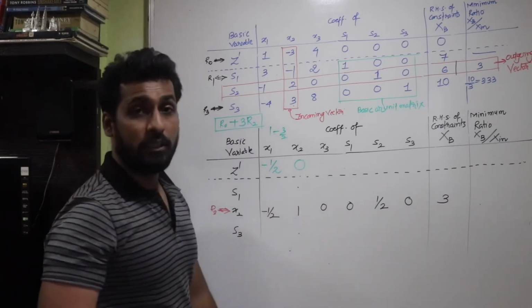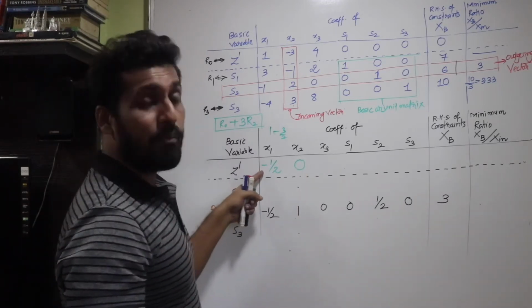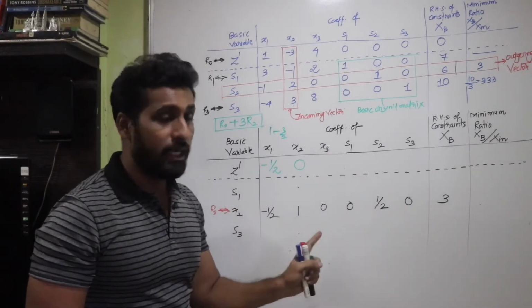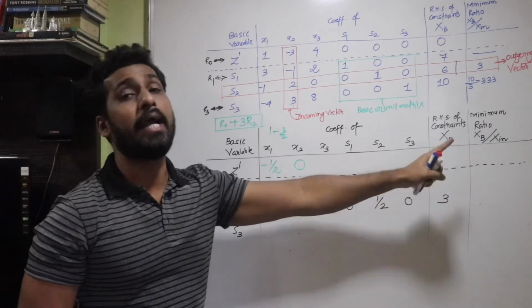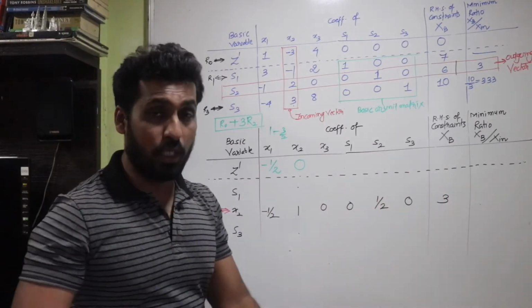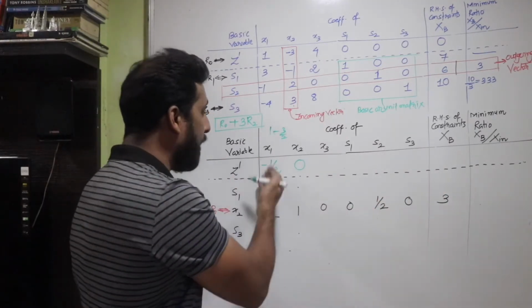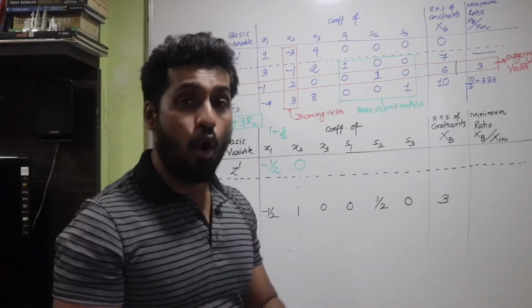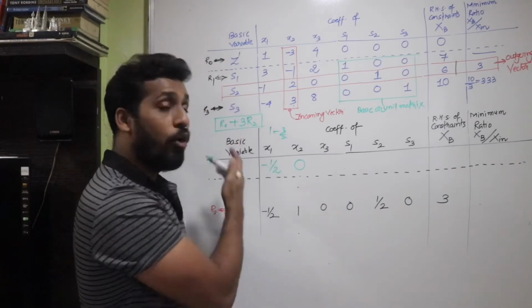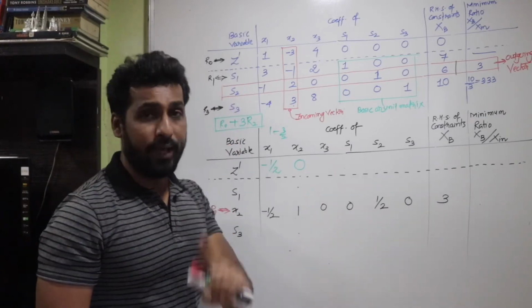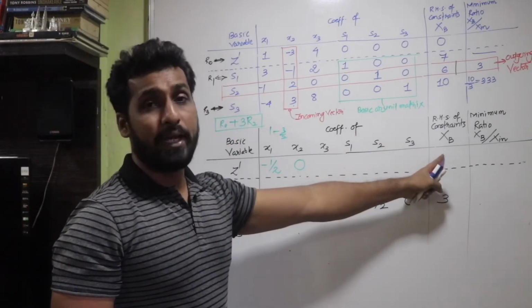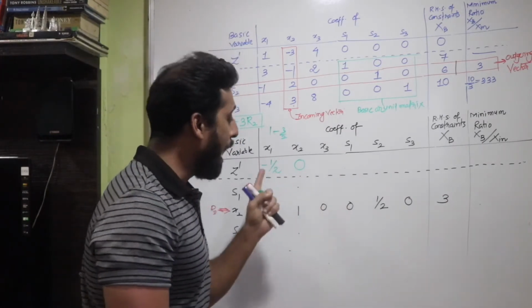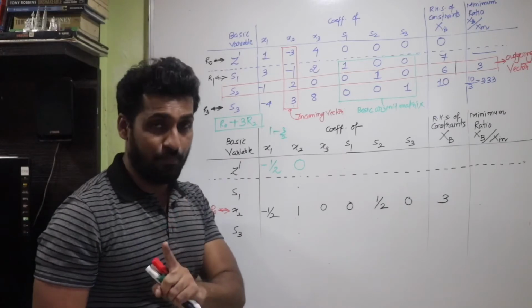Looking at the minus 1 by 2, I am very sure now this is not my final simplex table. Whatever value of z dash I get is not going to be the optimum solution. To get the optimum solution, every single entry present in the row of z dash has to be non-negative. At the beginning I have got minus 1 by 2, so it is very clear that I will have to proceed further for one more simplex table.